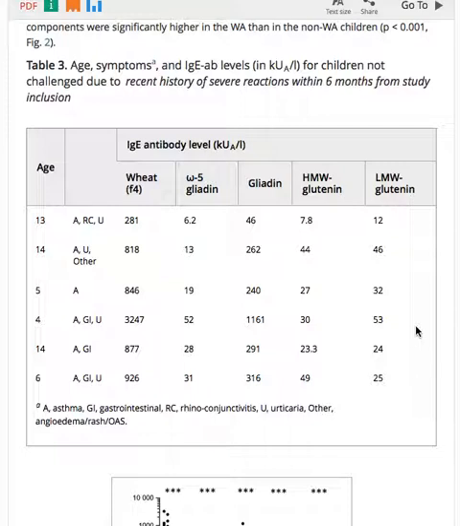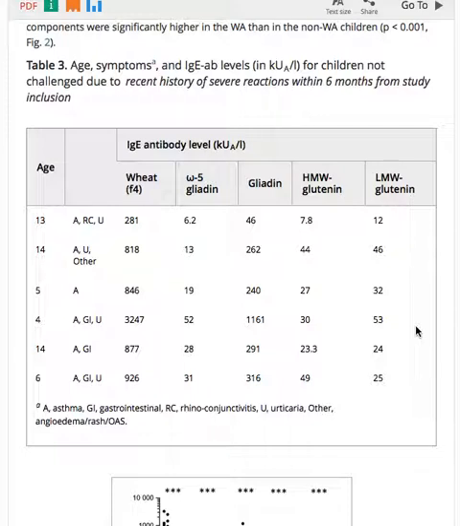I mean, even some of these children that have previously reacted to an oral challenge, after a while they still have the higher antibody levels in their body when it comes to wheat, but they have picked up a tolerance and outgrown that tolerance, but they're still reacting just as badly to these smaller components.